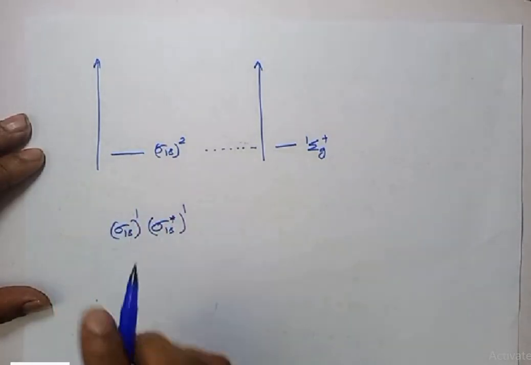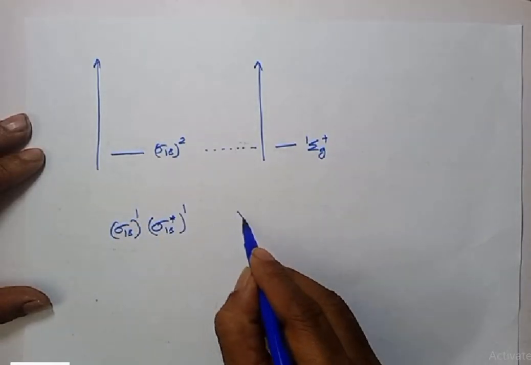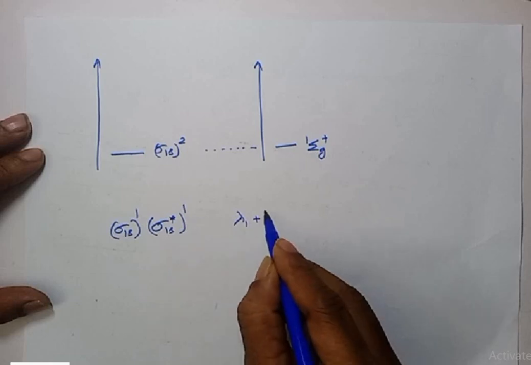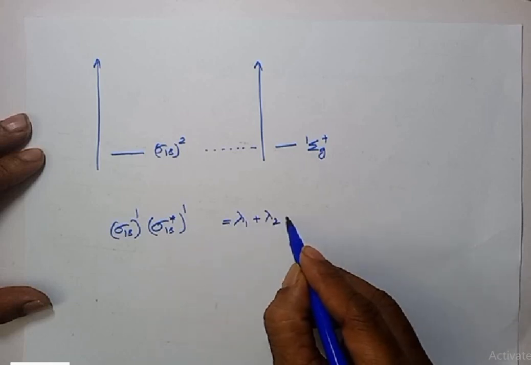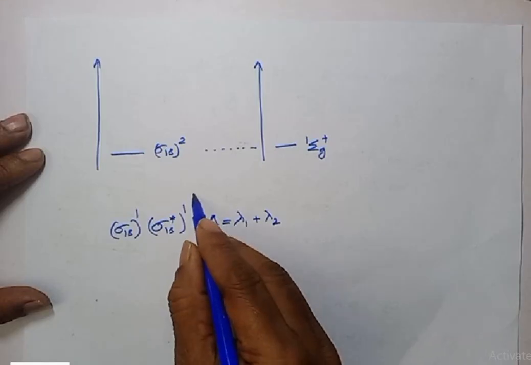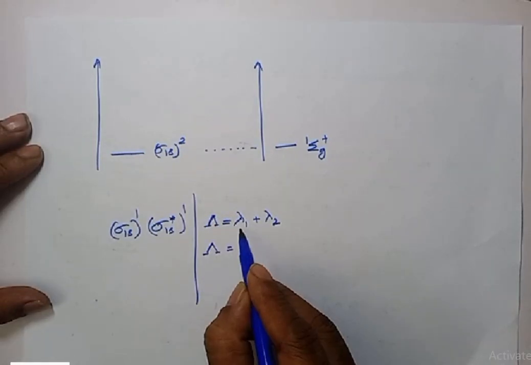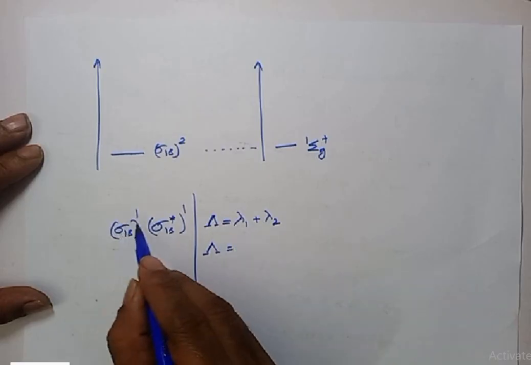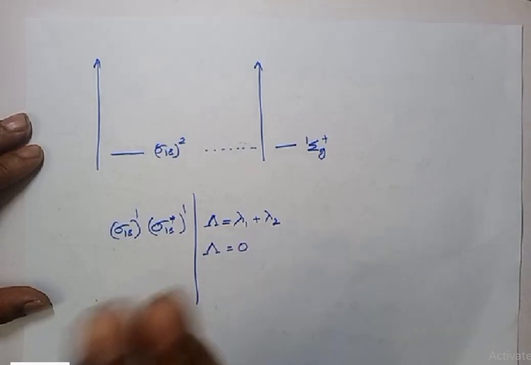Clear? Now, what about the lambda value? Lambda value for this electron plus lambda value for this electron. If I add these two, I'll get what is called big lambda. So what is big lambda? Electron 1 is present in a sigma bonding orbital. For sigma bonding, the lambda value is 0.